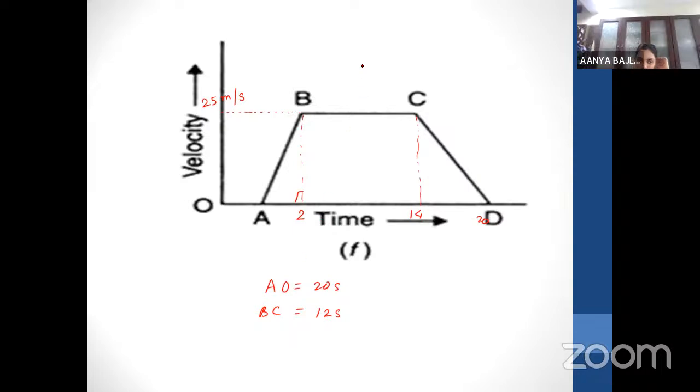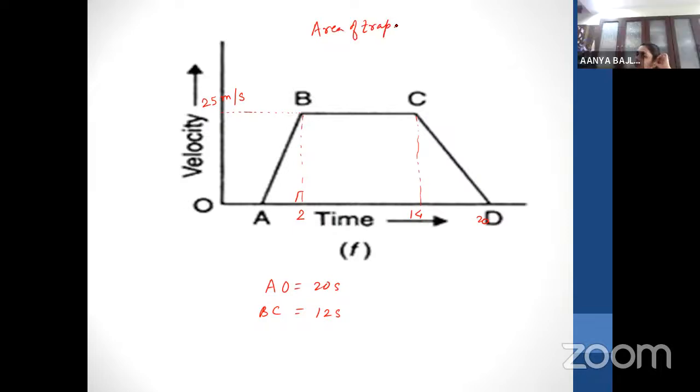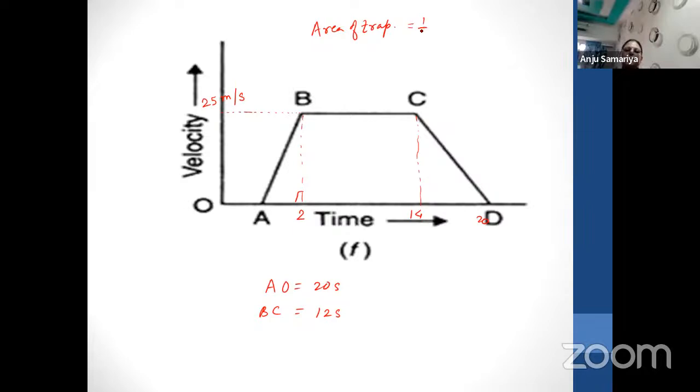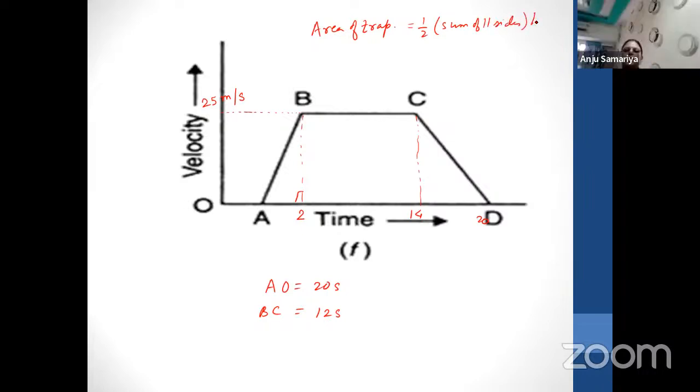It is a quadrilateral, a trapezium with two parallel sides, and we have the height. So area of trapezium is half into sum of the parallel sides into the height.